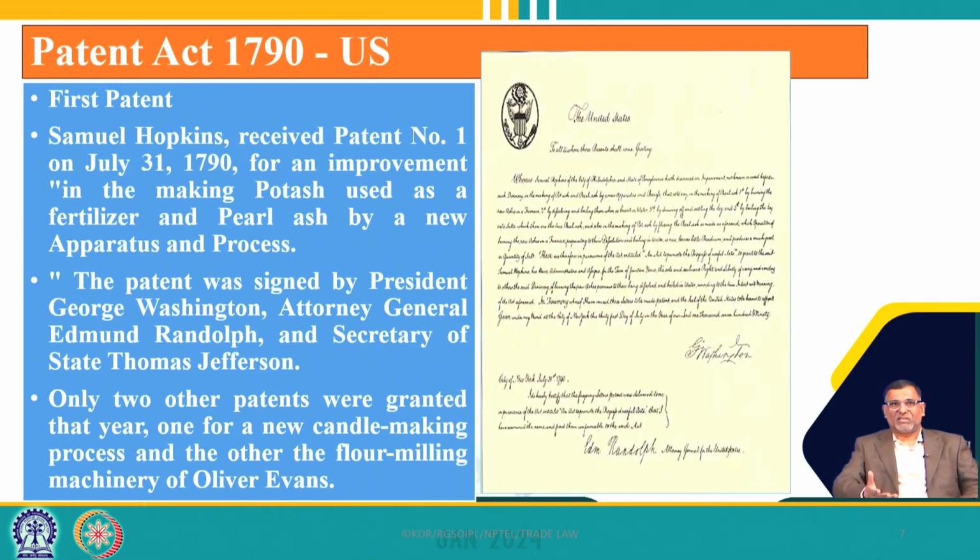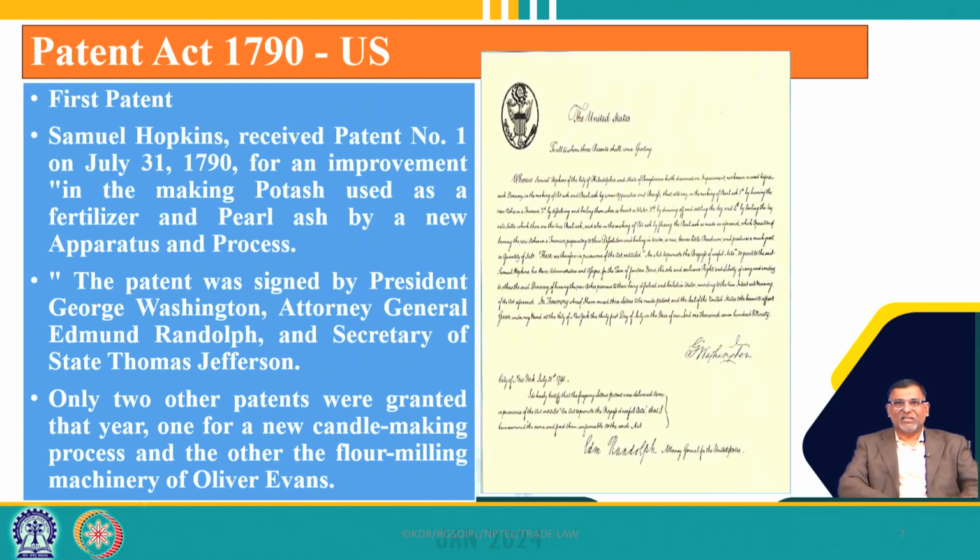You know that it is a chemical, basically a fertilizer, and pearl ash, potash and pearl ash made by a new apparatus and process, and still potash is used as a fertilizer, mostly for agricultural purposes.